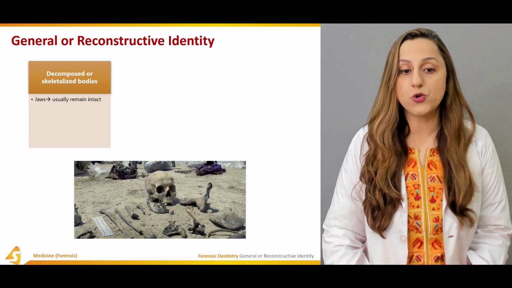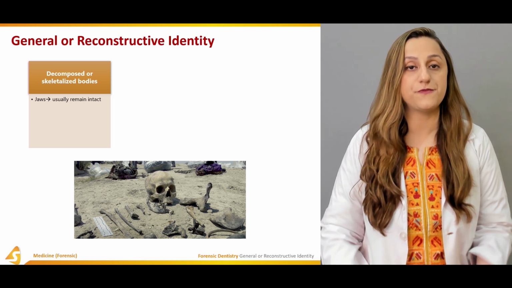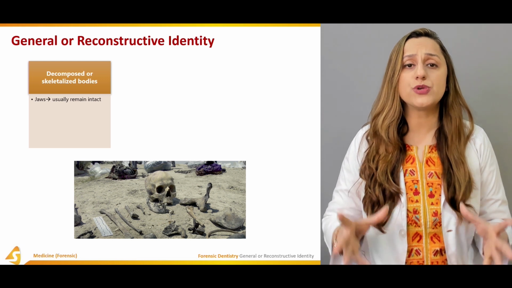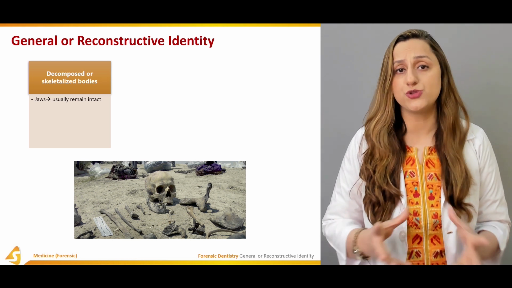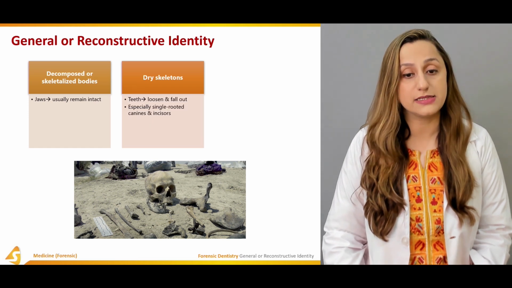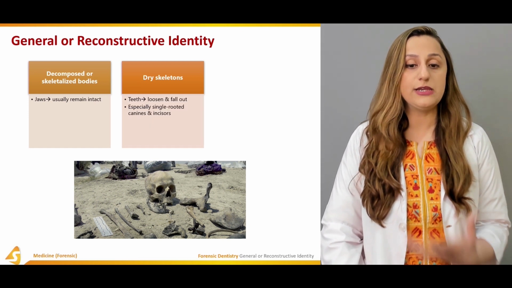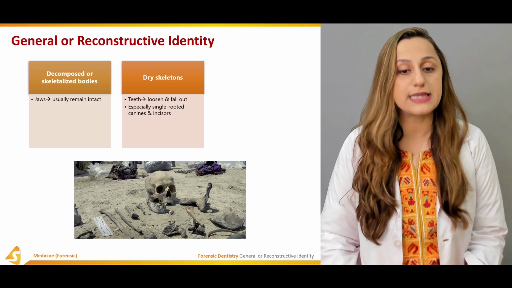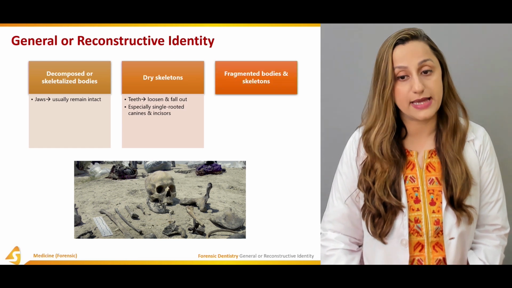We can have decomposed or skeletalized bodies. If we are talking about the remains, the jaws are usually intact along with a lot of skeletal remains. And then we can have the dry skeletons. The teeth are usually loosened and they fall out whenever we're talking about dry skeletons, especially the single-rooted canines and the incisors.